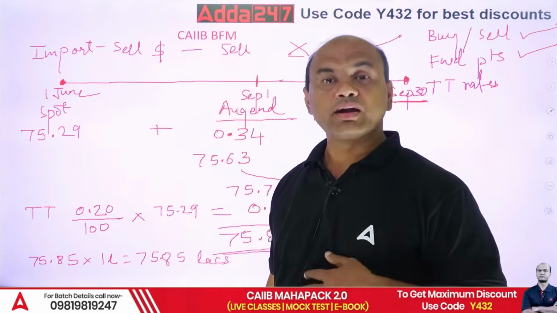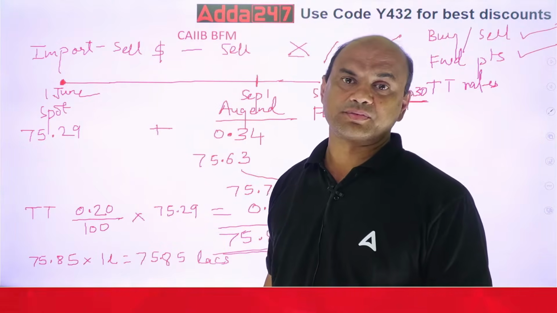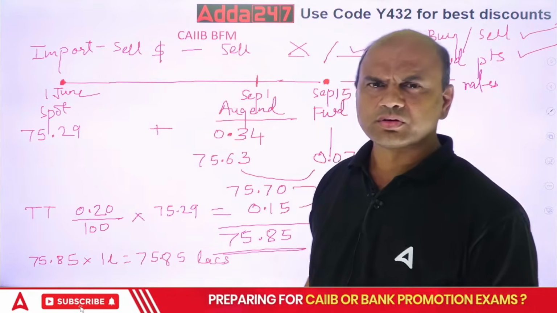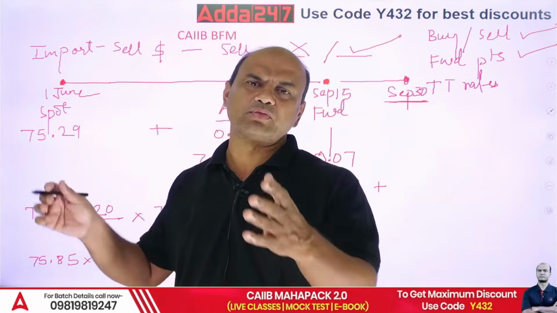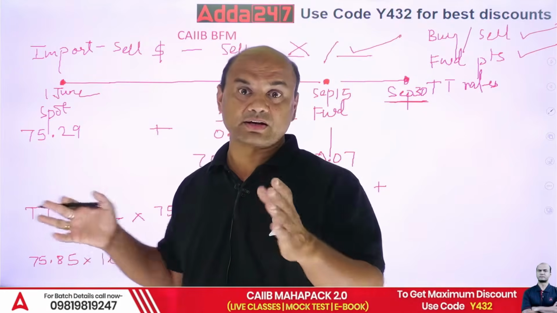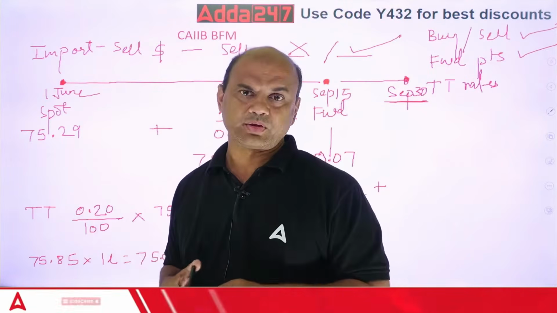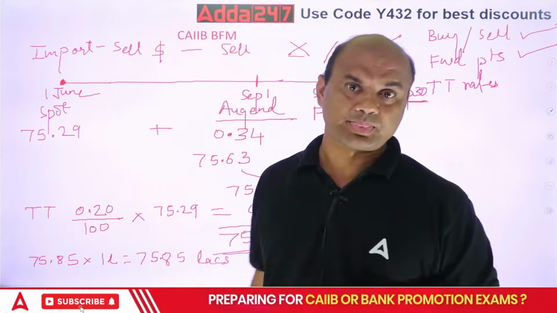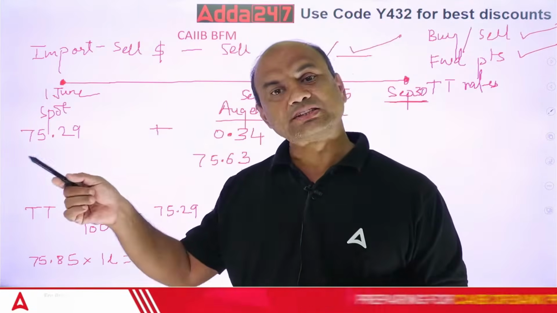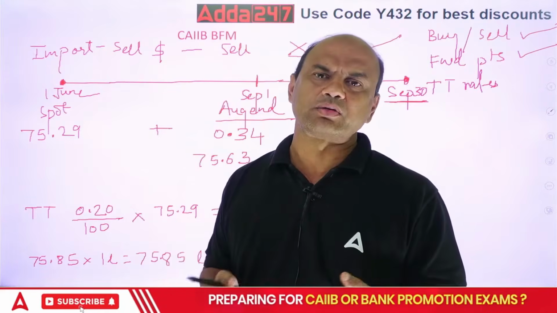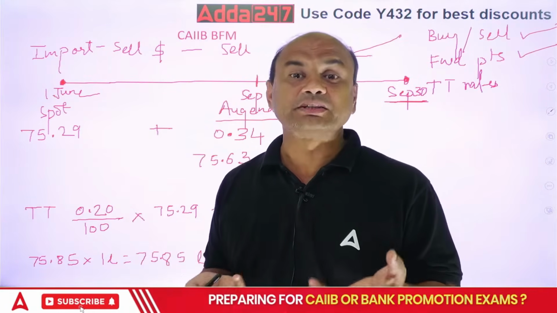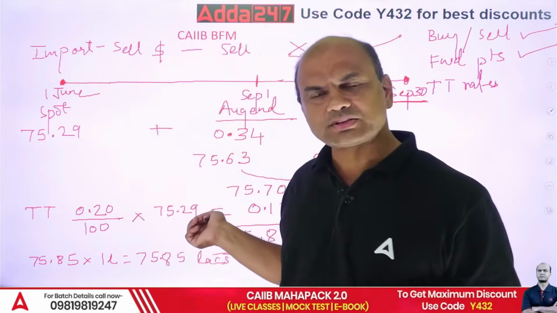Why do we add it while selling? I'll give you a simple example. Suppose you buy a refrigerator for your home from a showroom, the guy will have some expenses that have occurred.